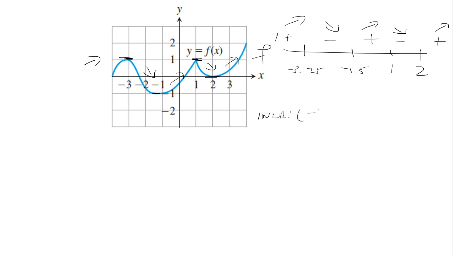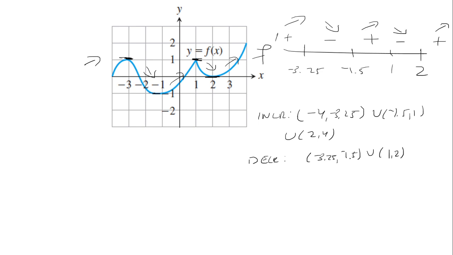Okay, so it's going to increase from -4 to -3.25, -1.5 to 1, and 2 to 4. Decrease everywhere else, so that's -3.25 to -1.5, and 1 to 2.